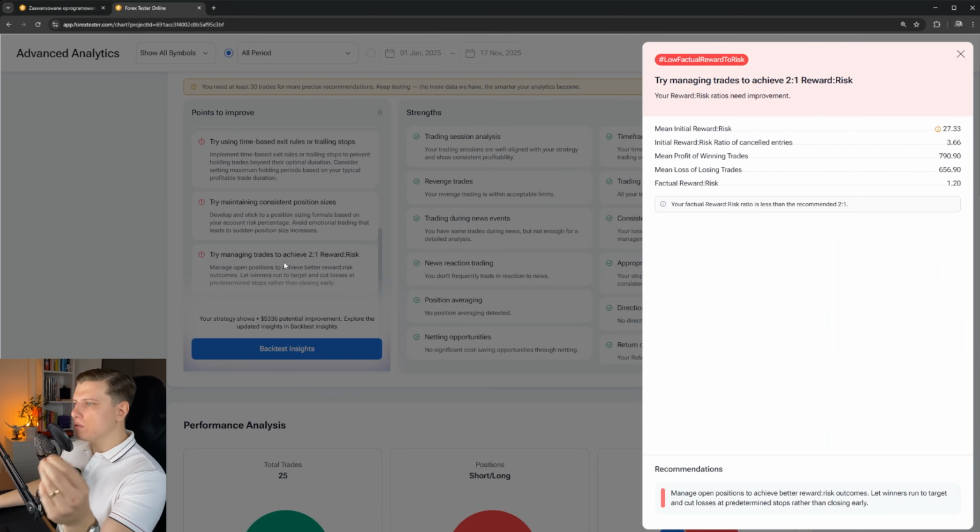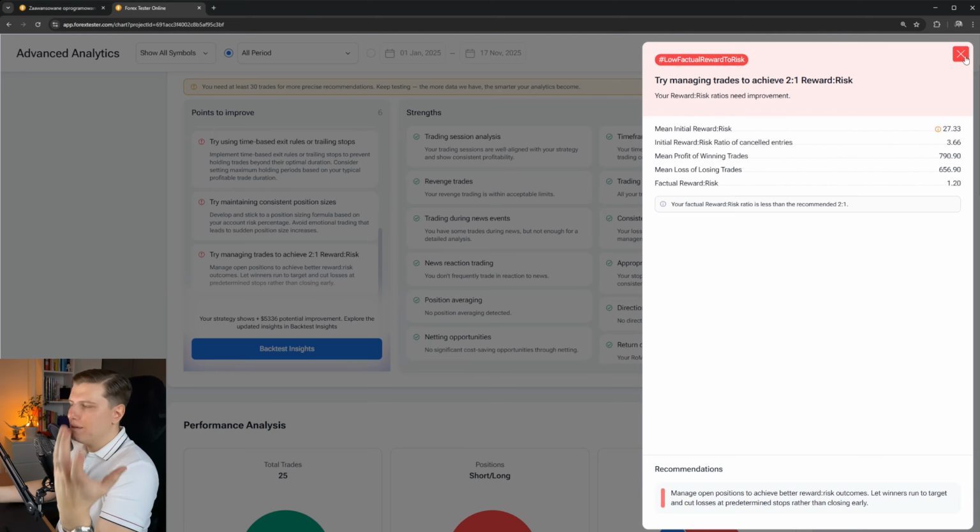And try managing trades to achieve 2-to-1 risk to reward. And to be honest, this is something that of course we should think about in terms of our active risk management to achieve even more, because I have a tendency to close my partials a little bit sooner than I should, right?